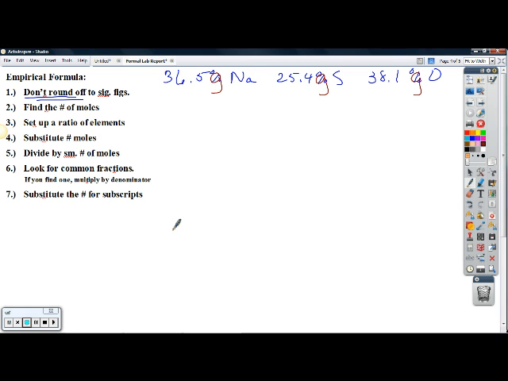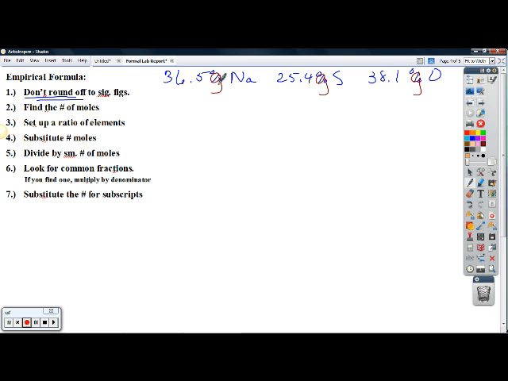It is a percentage, so if I had 100 kilograms of this stuff, how many kilograms of sodium would be in it? 36.5 kilograms. If I had 100 boxcars full of this stuff, how many boxcars of sodium would I have? 36.5. Because it's based on 100, I can think about it in any unit I want to, but most of the time percentages are by mass, especially in this unit. Percent by mass. So we change it to grams because that's what we use.